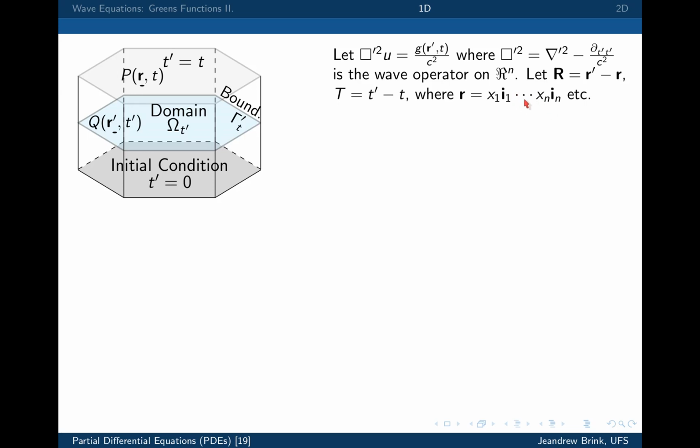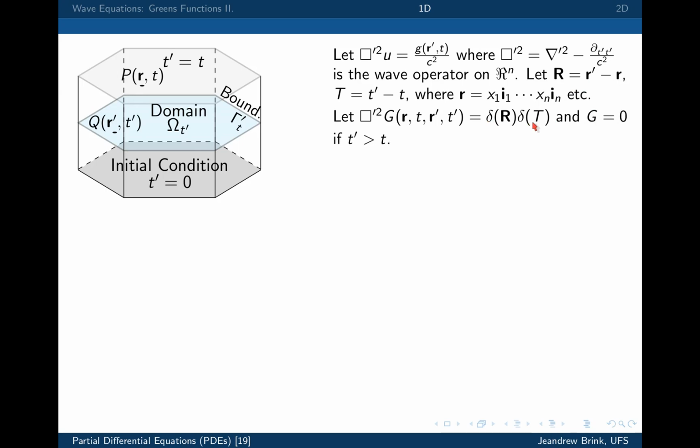And we showed that if we could solve the Green's function equation, which was basically the operator on the prime derivatives equals the delta function of r, which is basically r prime minus r, and the delta function of t, which is basically t prime minus t.